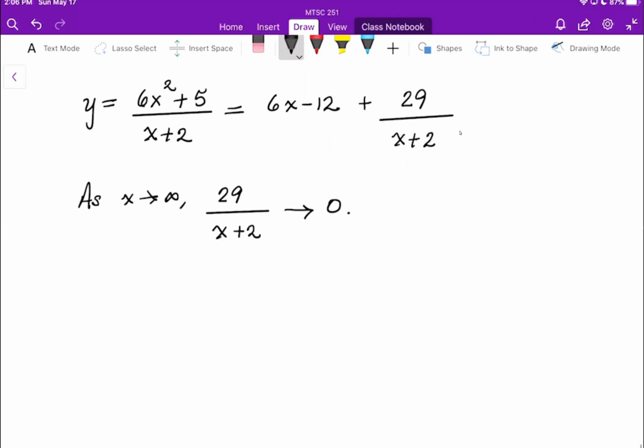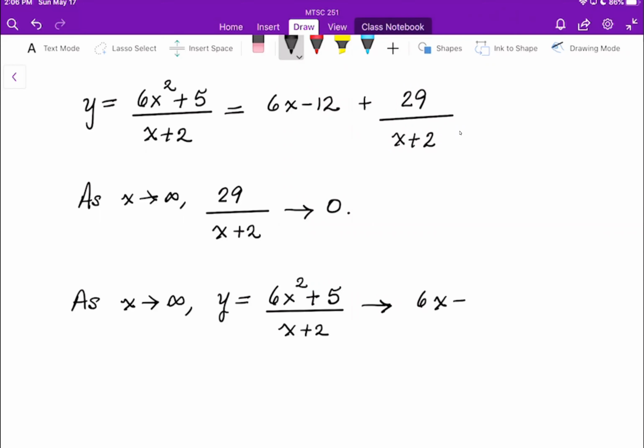So therefore, as x goes to infinity, y equal to 6x squared plus 5 divided by x plus 2 goes to 6x minus 12.